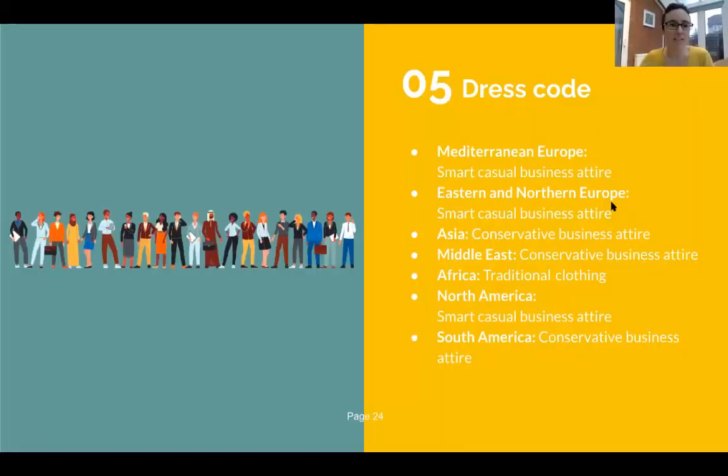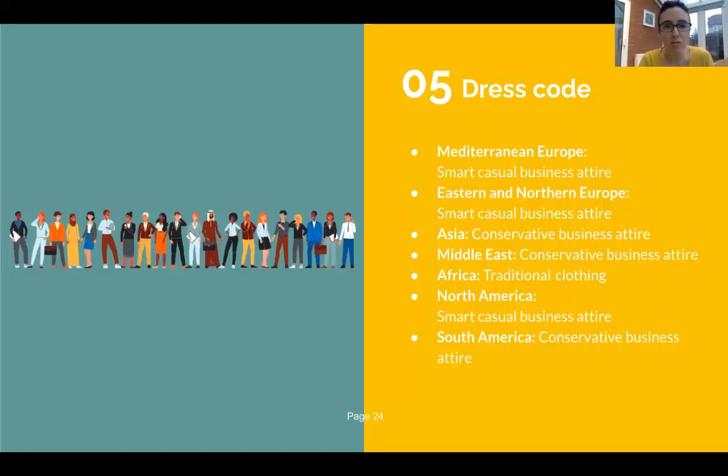And last but not least, the dress code. So the dress code varies from industry to industry, even within the same country. And sometimes certain industries will think it's important to highlight personality more than other industries.